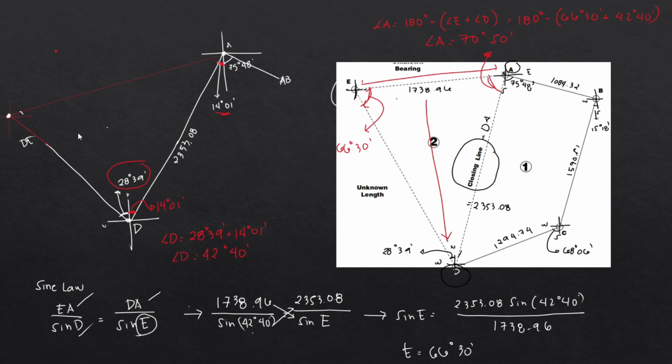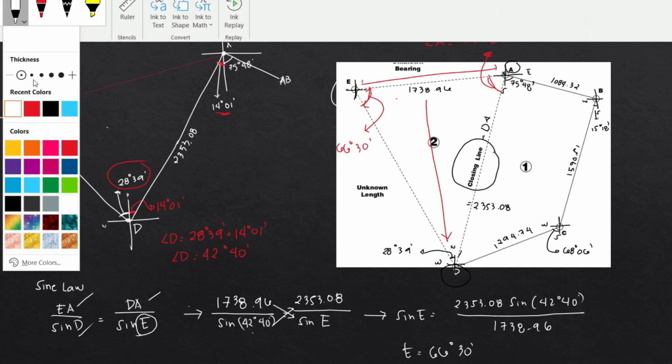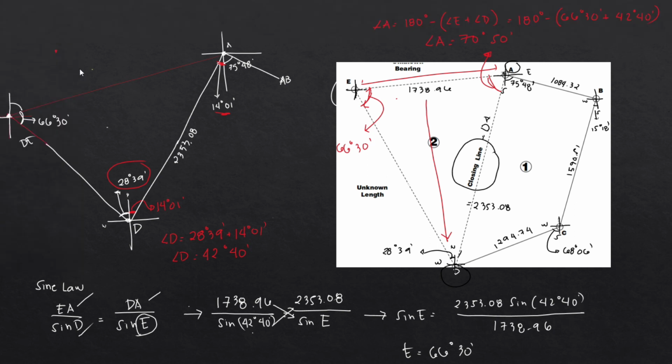So, meron na tayong given E. Angle ng E na 66 degree 30 minutes. Okay. Ngayon, pwede natin makuha tong bearing. Ito yung bearing na nahanap natin. Okay, so ito na yung theta E A or bearing.